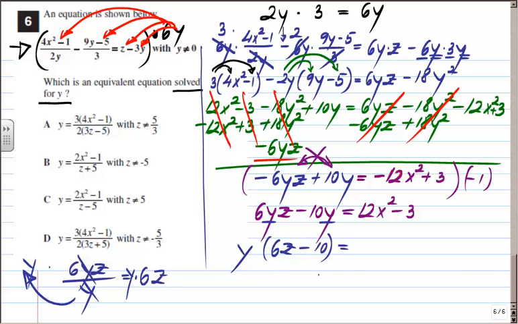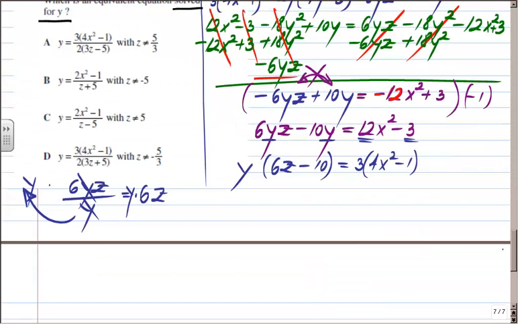Okay, equals, well, 12x squared and negative 3, their common factor will be what? 3. So I can write equals 3 times 12 divided by 3 will be 4. 4x squared minus 1.